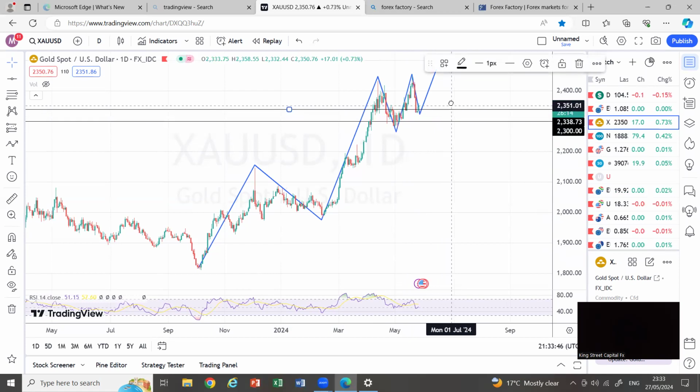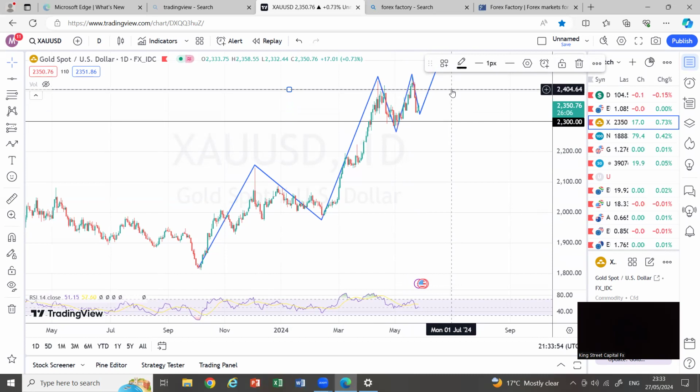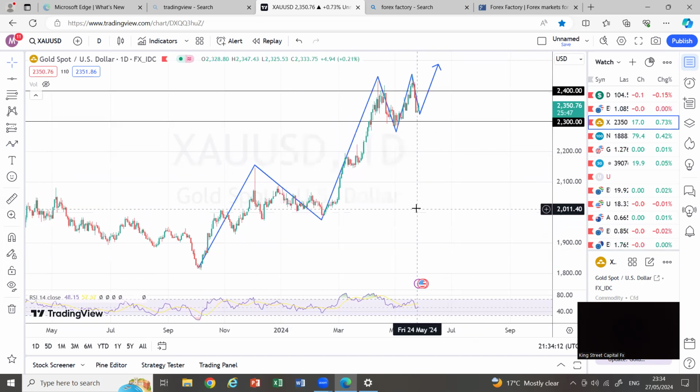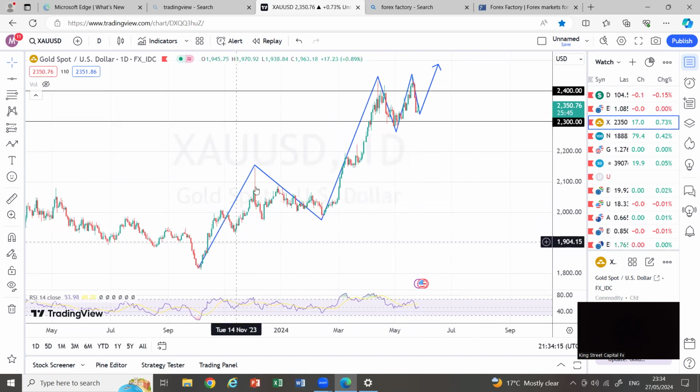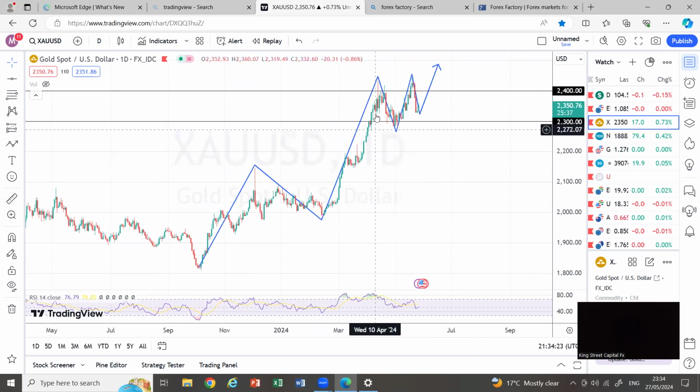Then 2,400. We don't play with any miscalculations here. We play with great numbers. All right, so we see that movement push towards the upside, really getting some pressure here around this level of 2,400 and 2,300.